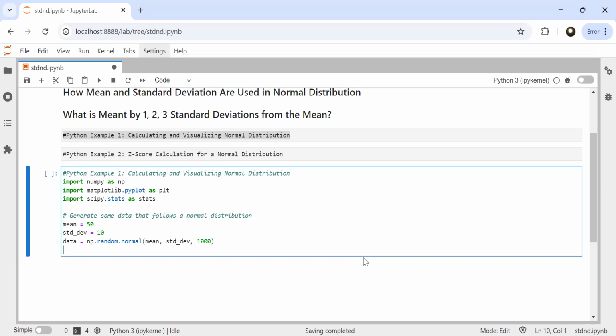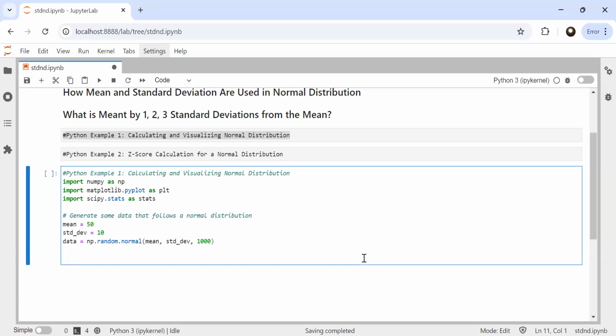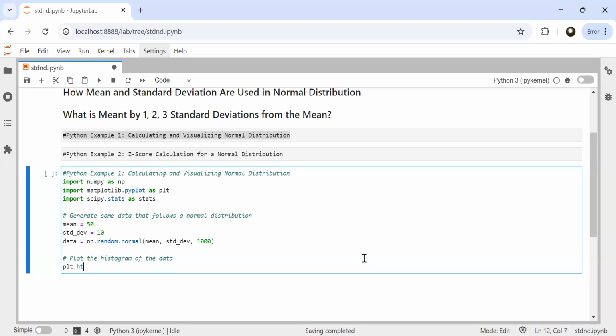Now we have to plot the histogram of the data. plt is nothing but matplotlib pyplot.